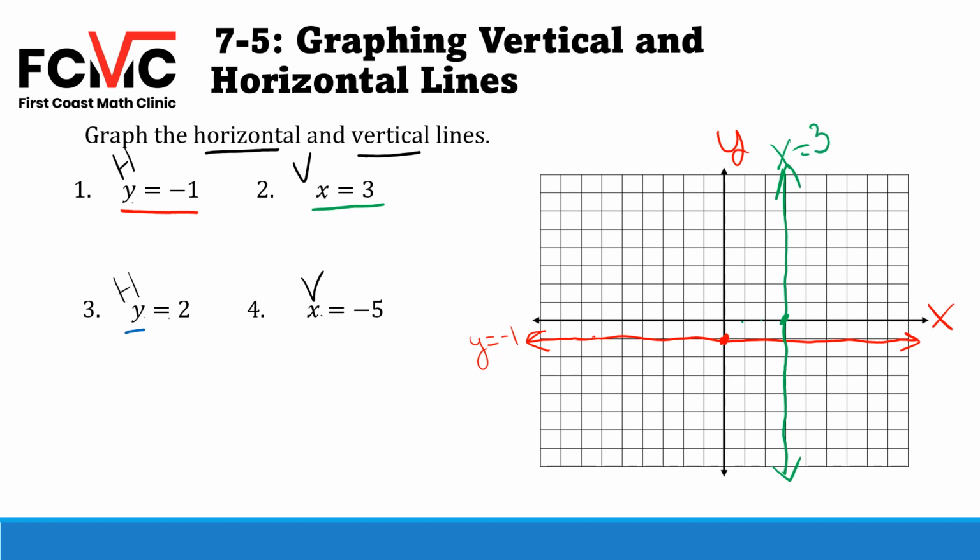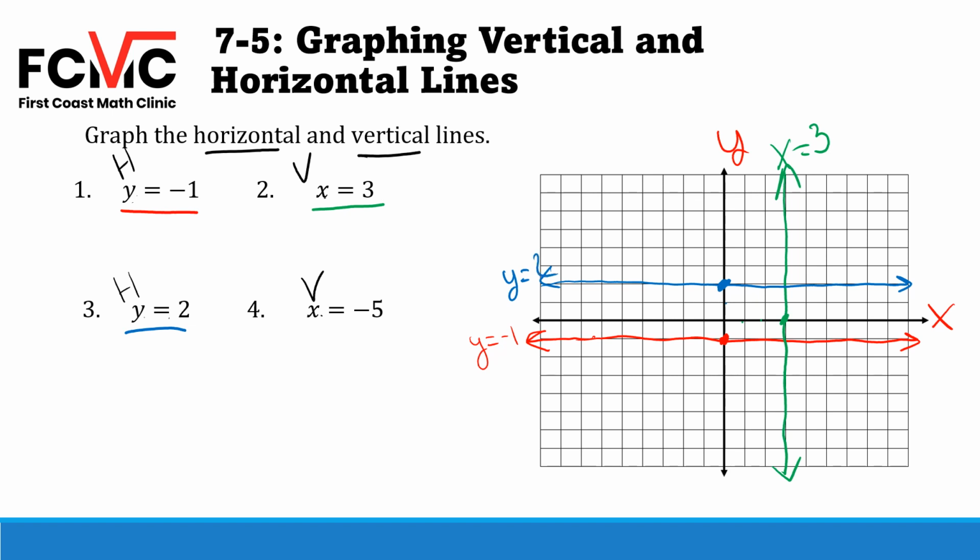Let's do number 3 in blue. y equals 2, so we'll find 2 on the y-axis. 1, 2. And we know this is going to be a horizontal line. So we'll just draw our horizontal line. And we'll label this y equals 2.